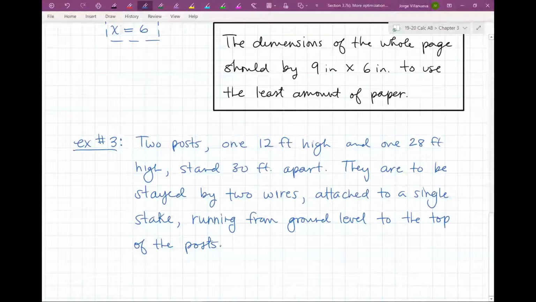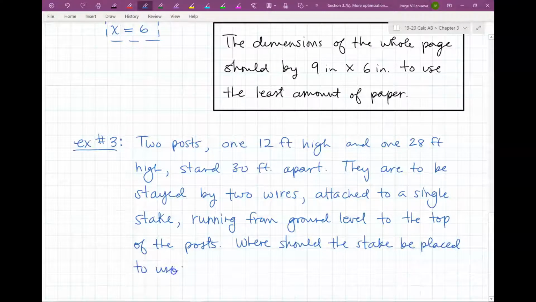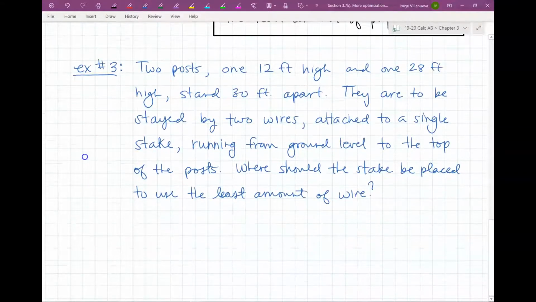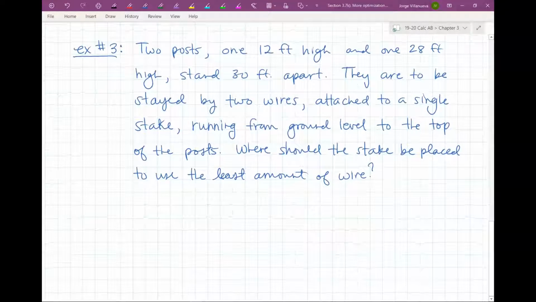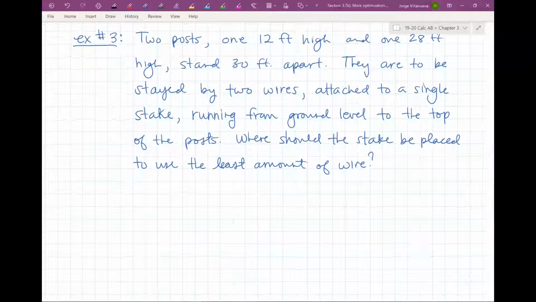Where should the stake be placed to use the least amount of wire? So I'm going to pause this real quick just to give you guys a little bit of time to write that down. All right, so the picture here.